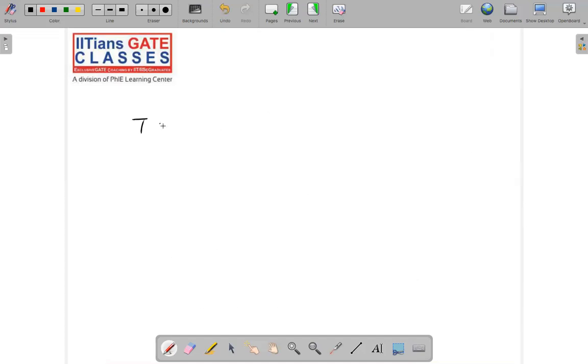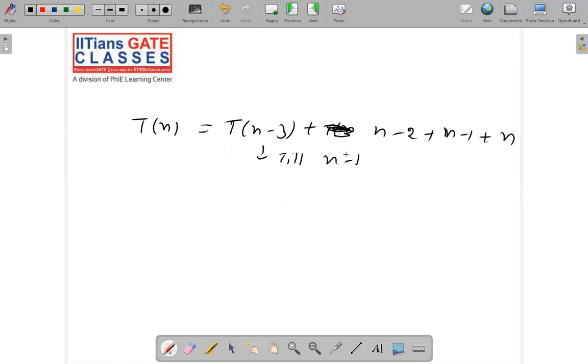So we have seen that T(n) = T(n-3) + (n-2) + (n-1) + n. If we keep on iterating and replace n-3 with n-4, n-5, n-6, till n-1 times.